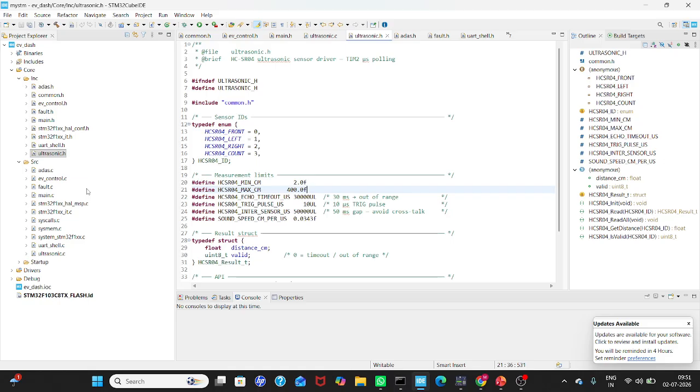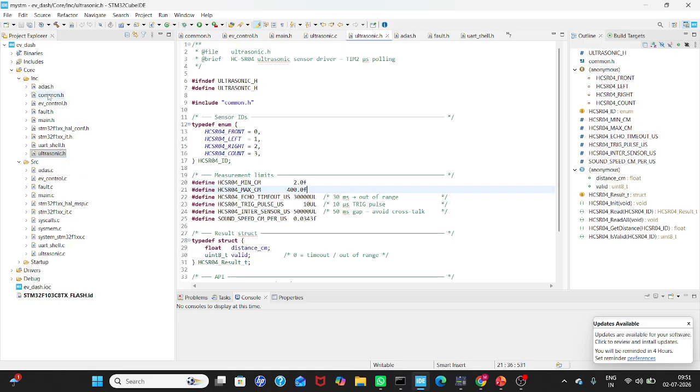Initially, the overall project structure is that this project is developed as an electric vehicle driver assistance system using the STM32 F103C8T6 Blue Pill microcontroller. Instead of writing everything inside one file, this project is divided into multiple header files and source files. Each file has specific responsibilities such as controlling the EV, reading ultrasonic sensors, faults, etc.